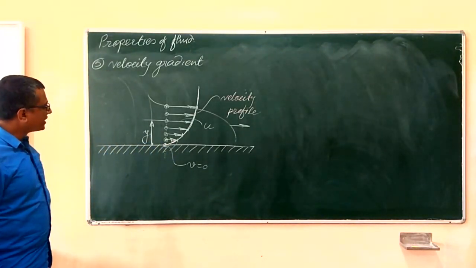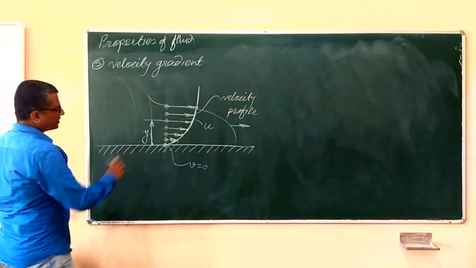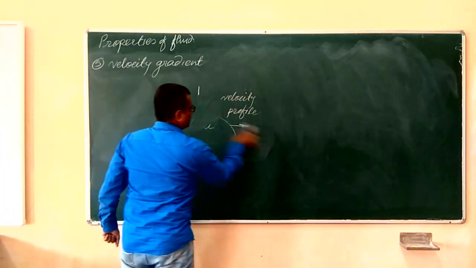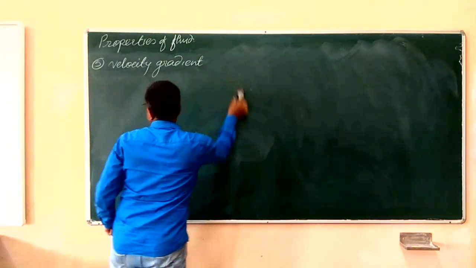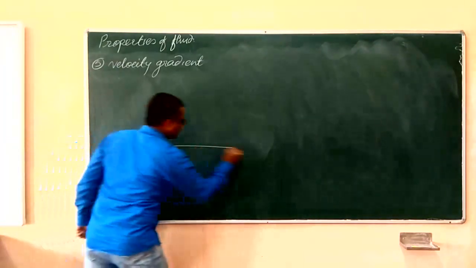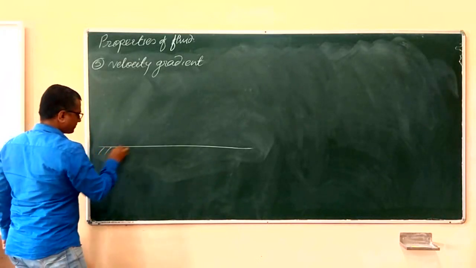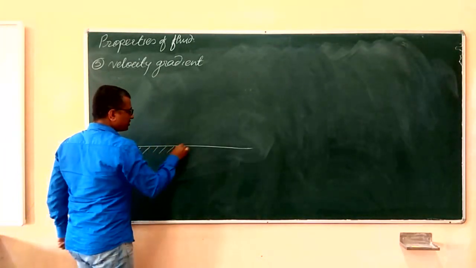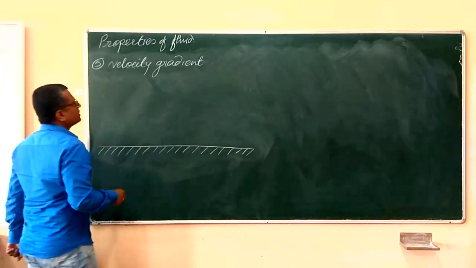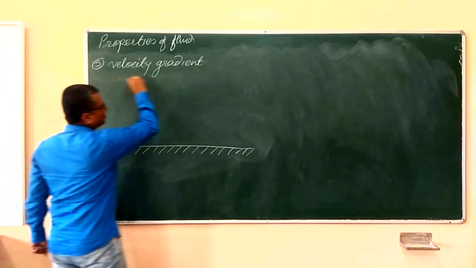Now, what is this velocity gradient? I would like to redraw this figure a little larger, and by eliminating some of the unnecessary things. So, this is the solid surface, that too a rough surface, not a smooth one. So, it will have somewhat friction. The fluid flow is over here.